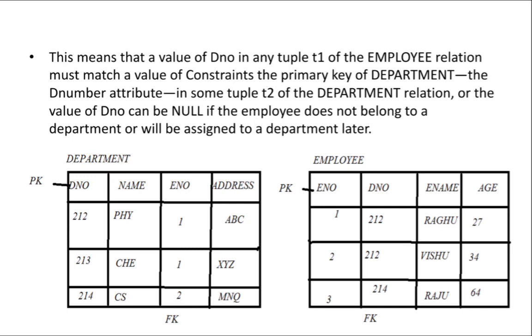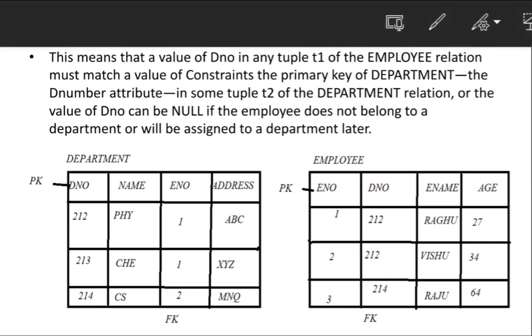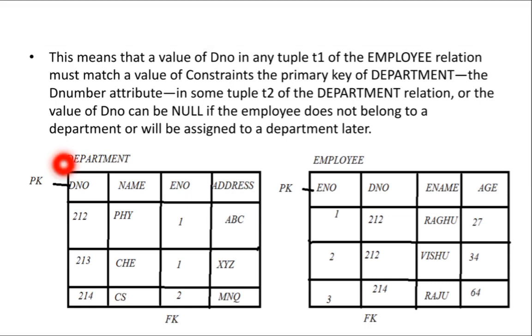See the department number in the employee table. The values present are 212 and 214, and they are also present in the department table. You have to fill the same values here in the employee table. Here 212, 213, 214 are in the department table, so you can't fill 215.